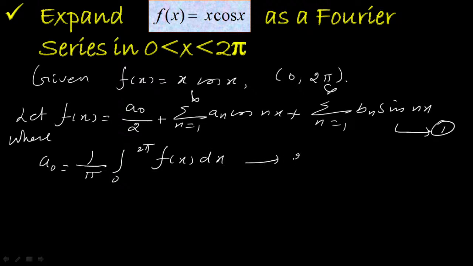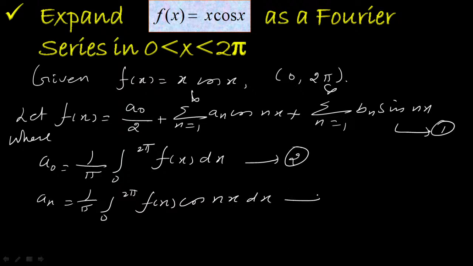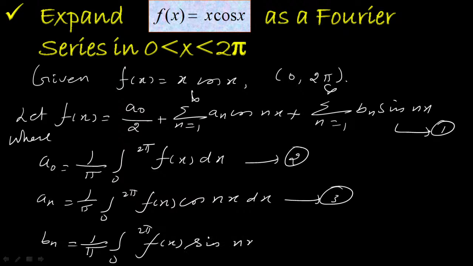Take this as equation number 2, and an is equal to 1 by pi integral 0 to 2 pi f of x cos nx dx. Take this as equation number 3, and bn is equal to 1 by pi integral 0 to 2 pi f of x sin nx dx. Take this as equation number 4.